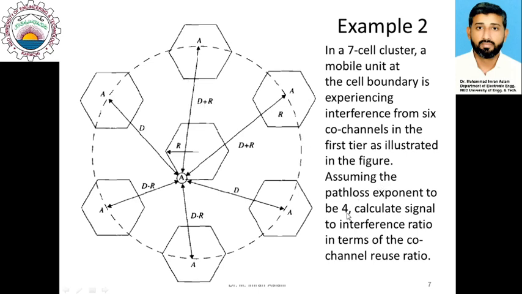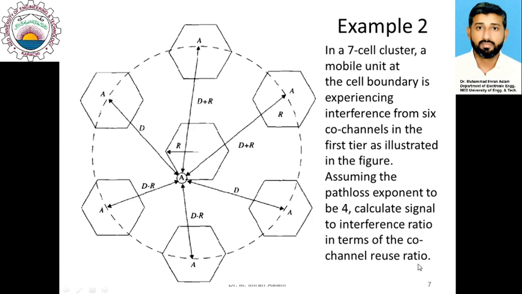Assume that the path loss exponent is 4. So the environment we are assuming is relevant to a path loss exponent of 4. We want to calculate the signal to interference ratio in terms of the co-channel reuse ratio.